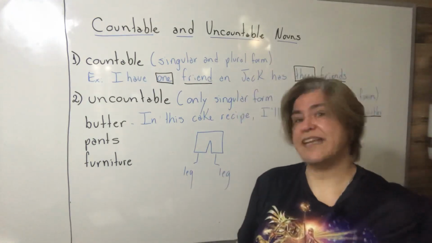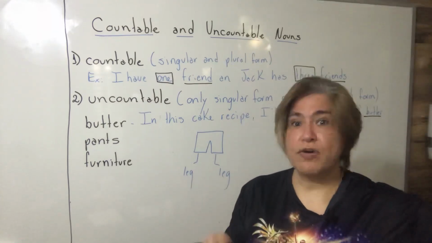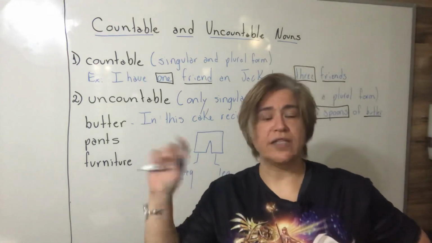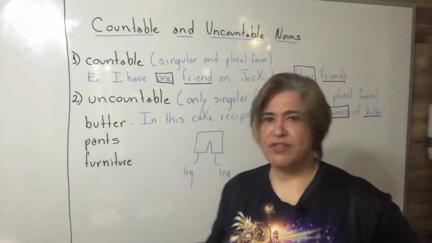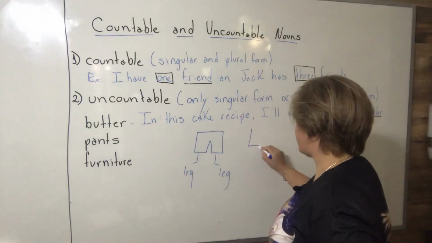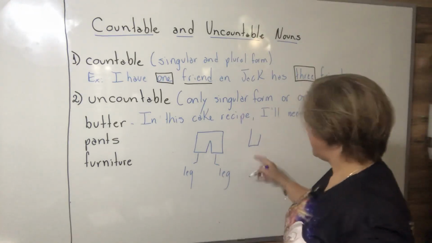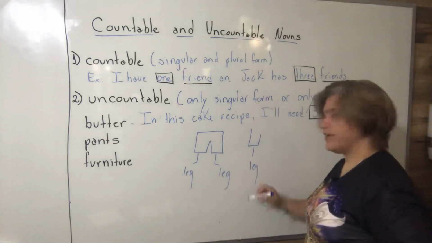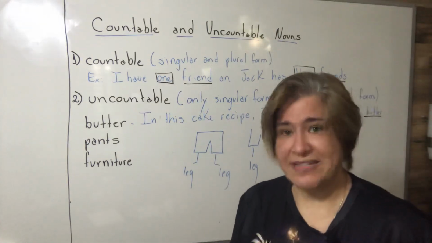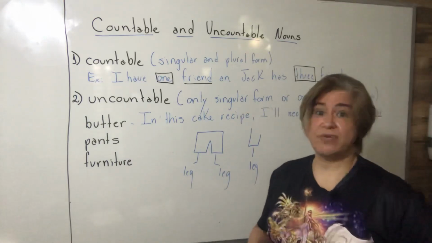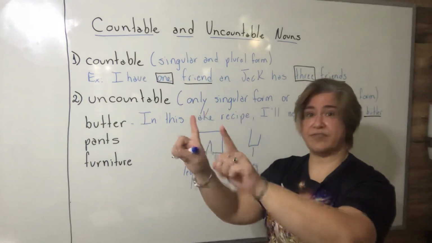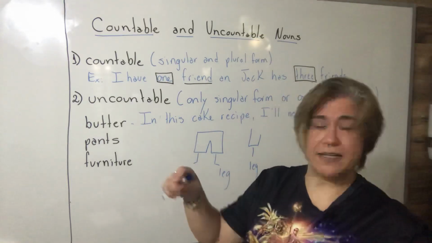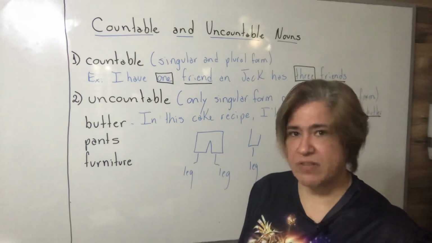So students, imagine you go shopping in the US and you say, I'd like 1 pant. So the person is going to sell to you just 1 leg, 1 pant. Because pants in English is always in plural form. It's necessary 2 legs to form the pants. So it's impossible to say 1 pants.